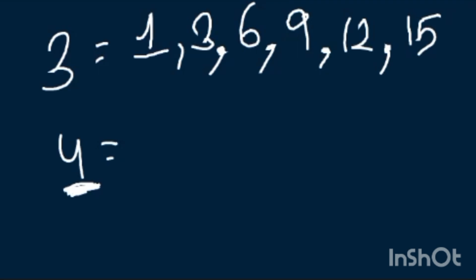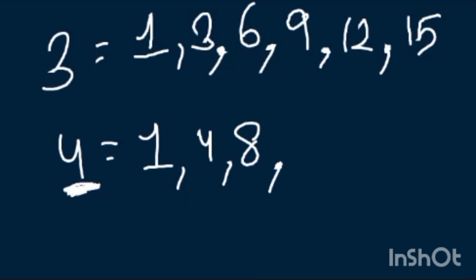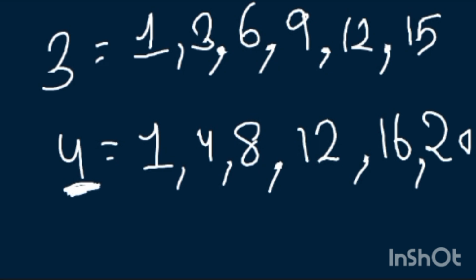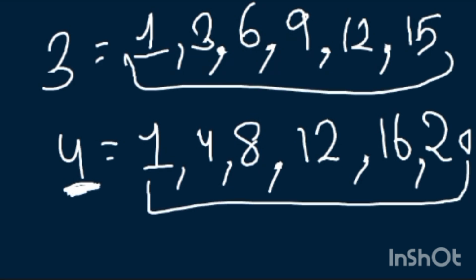So we have 4, 8, 12, then 16, and then 20. These are the multiples of 3 and these are the multiples of 4.